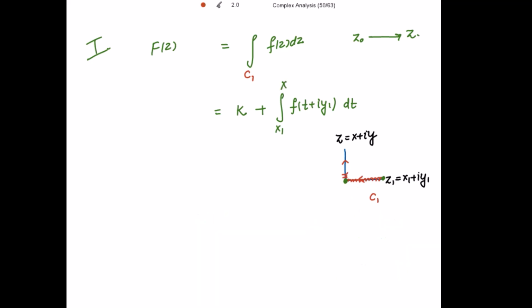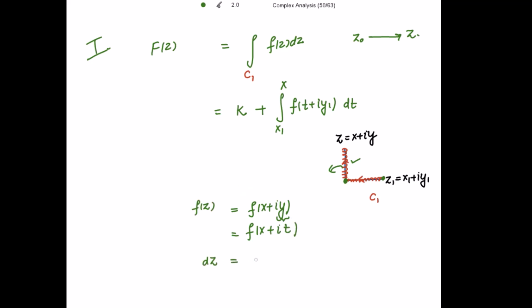Now to move from this point to this point, for this we take f of z. So that is equal to f of x plus iota y. Along this path, what is constant? x is constant. So writing x as it is plus iota, taking y to be the variable t.